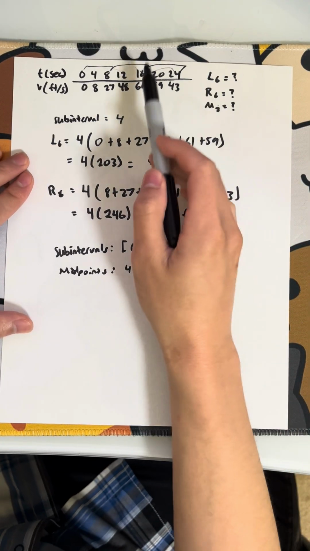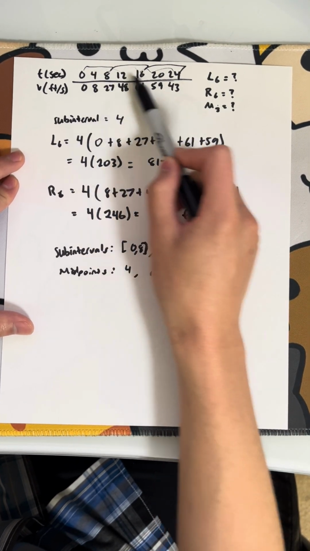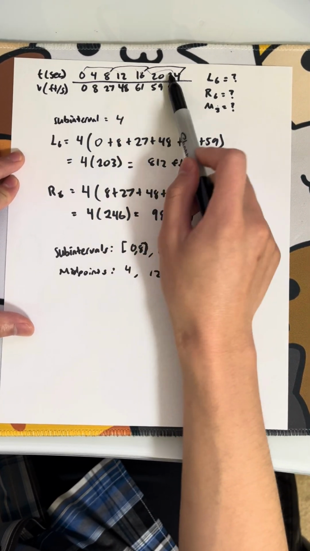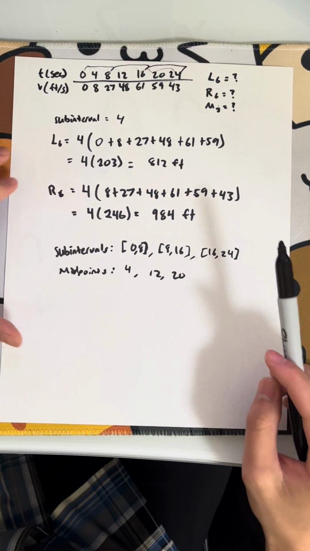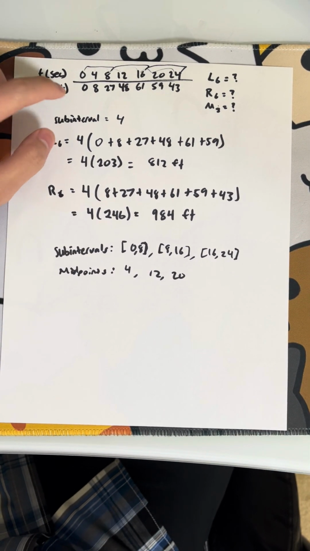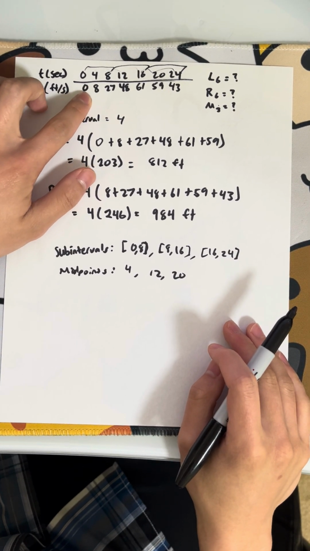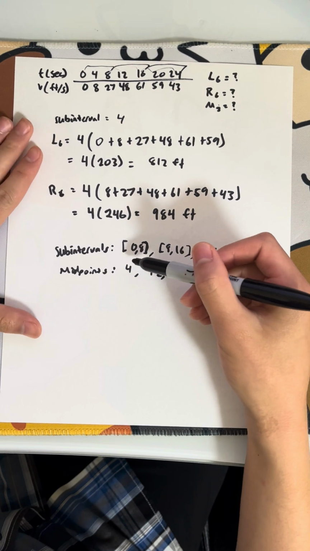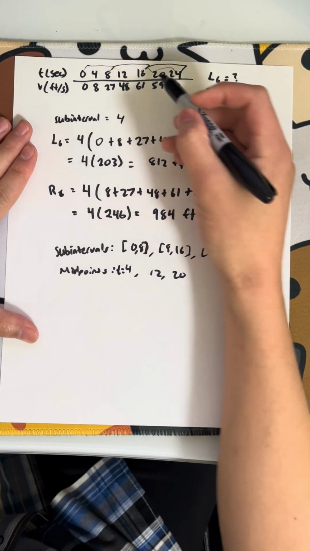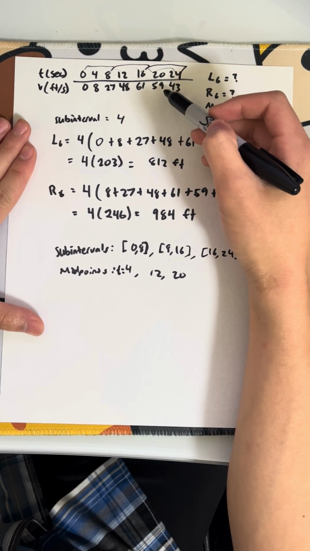If we look at it from the table side, 4 is in between 0 and 8, 12 is in between 8 and 16, and 20 is in between 16 and 24. So it's the middle of each interval we're given. And now we multiply by the height, which is the middle line: at t equal to 4, you get 8, at t equal to 12, you get 48, and at t equal to 20, you get 59.